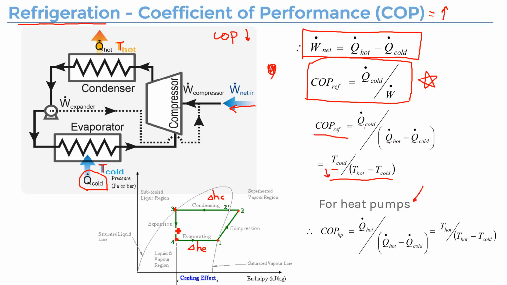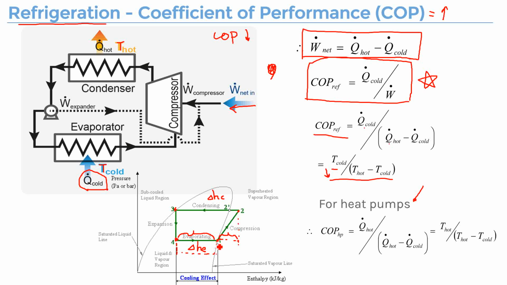So this part can be reflected in the pH diagram as well. In this process, if you move this dot 1 to a lower place, then firstly, the COP value of this cycle is the ratio of this part to this part.